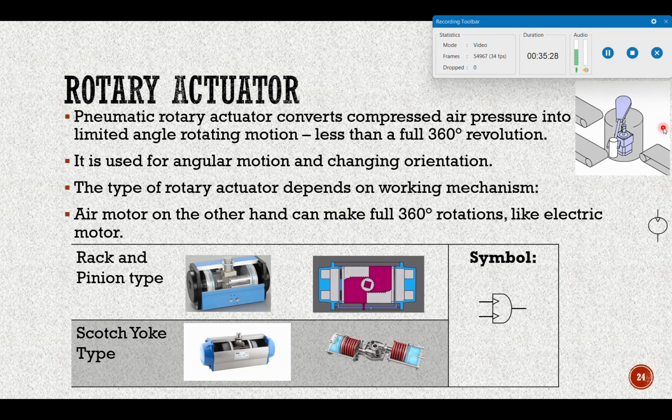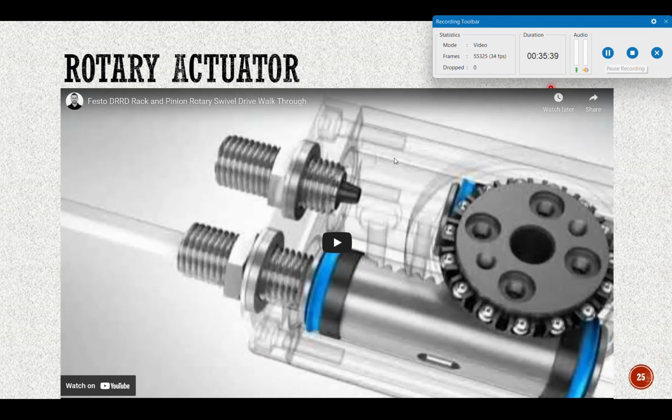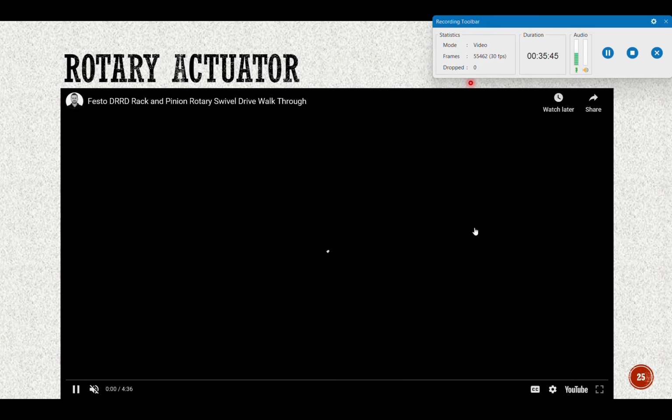So for rotary actuators, this is the symbol. Let's see this one.